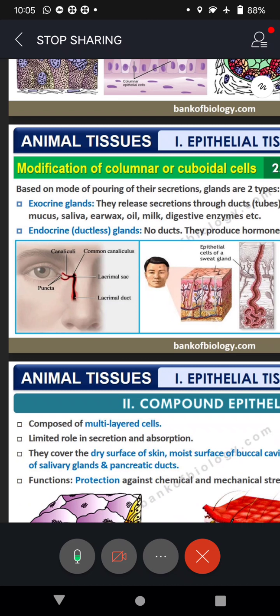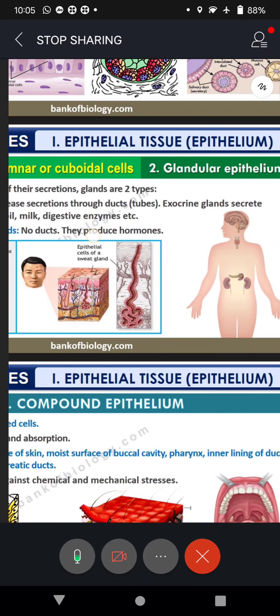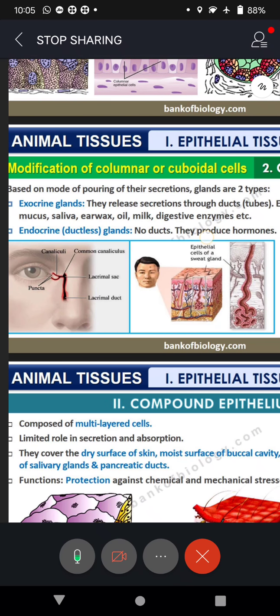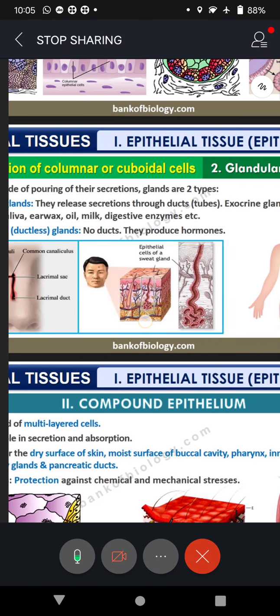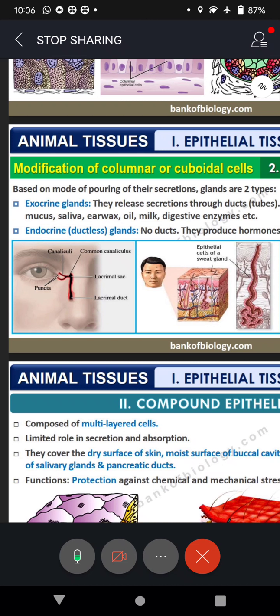So having endocrine is always fast. Exocrine glands release secretions through ducts or tubes, and they secrete mucus, saliva, ear wax, oil, milk, and all the digestive enzymes. Whereas endocrine, ductless glands, produce hormones directly into the blood. That is the advantage.